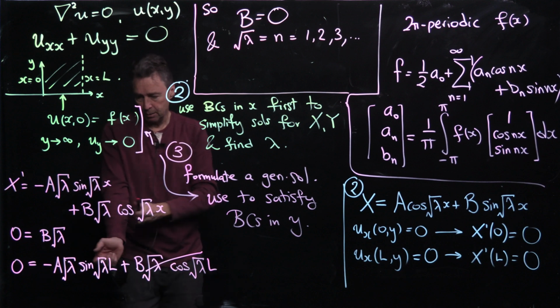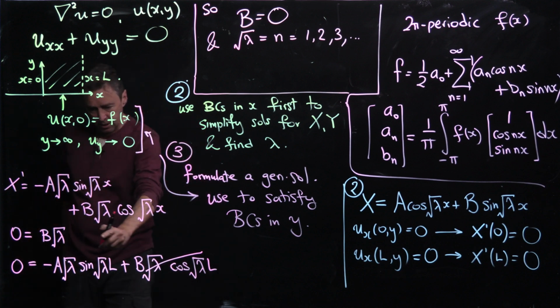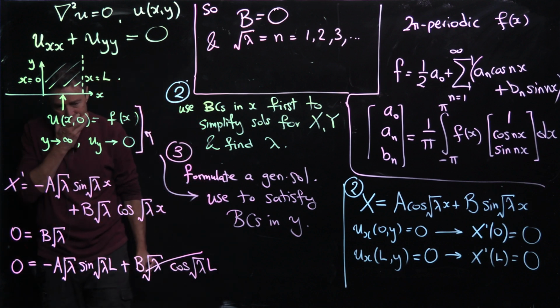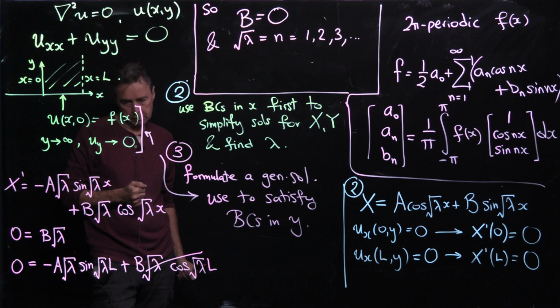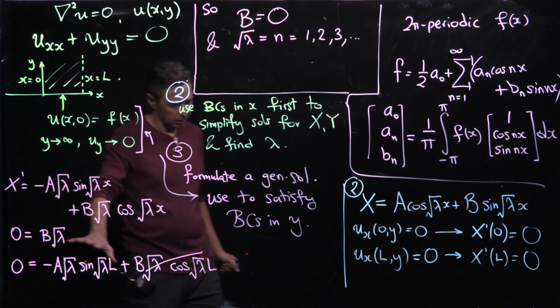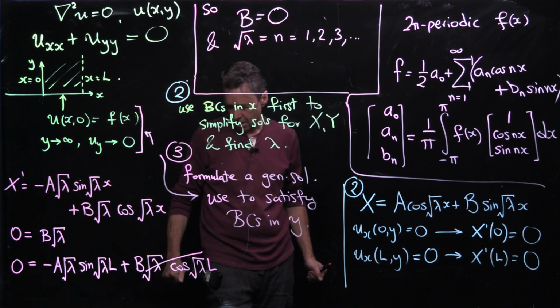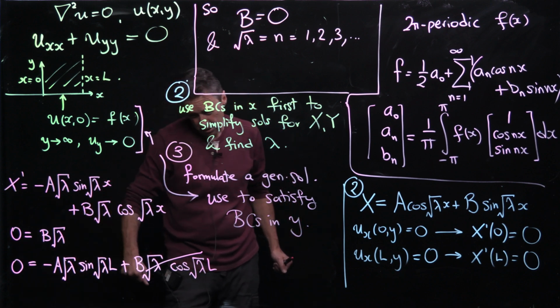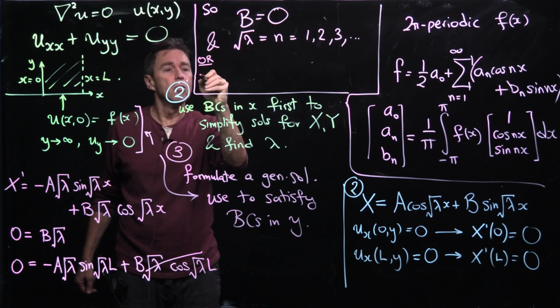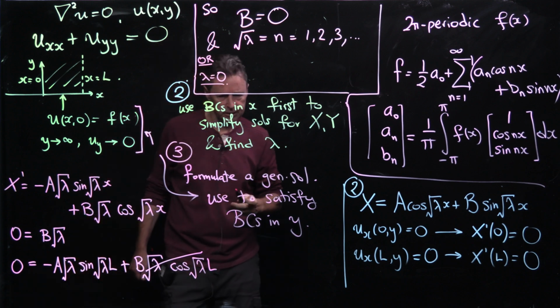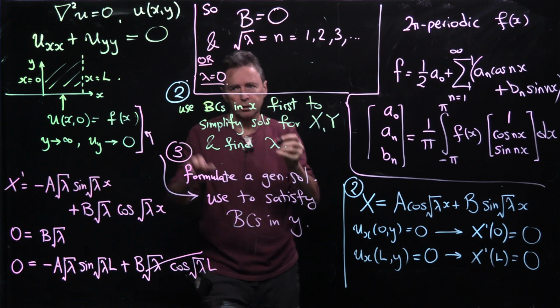However, I should be a tiny bit more careful here because there is another way of solving this equation. And that's by putting lambda is equal to 0. If I put lambda is equal to 0, then I can apparently solve both at once. Let's give lambda as 0 a bit more consideration.